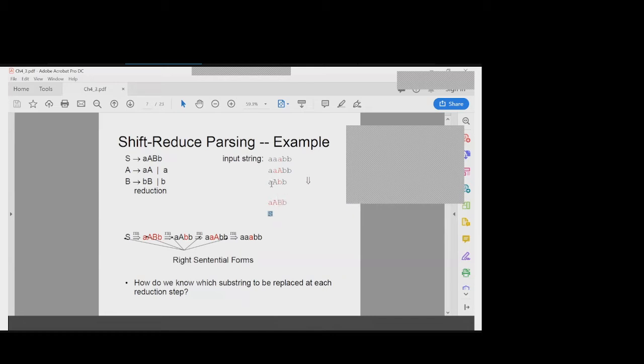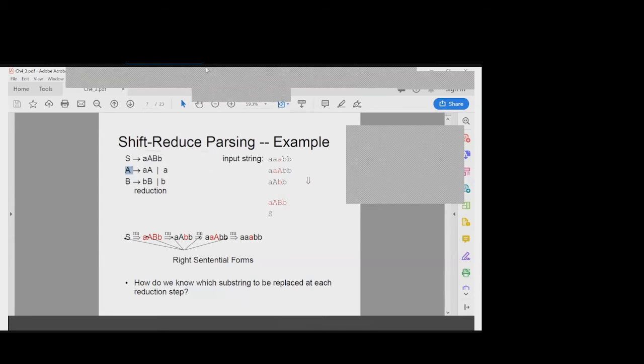Now tell me, if I don't reduce this B to non-terminal B, and instead of that I do something else, then what can be the result? Suppose I reduce this B to non-terminal B, I can do that, right? Or I can reduce this AA to this A. Then can you get the starting non-terminal symbol?